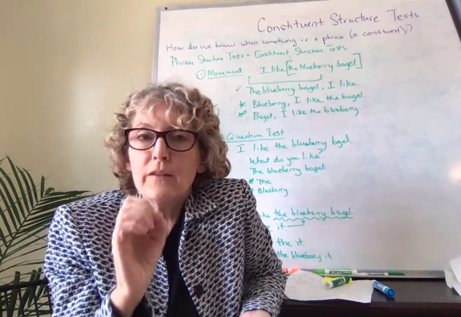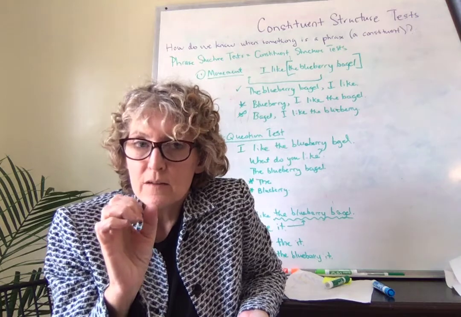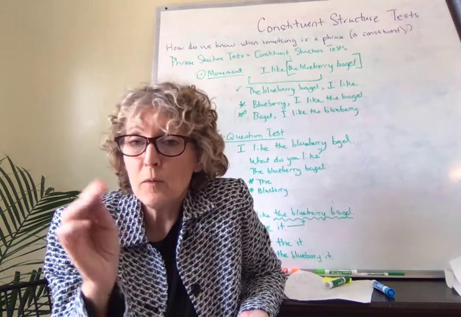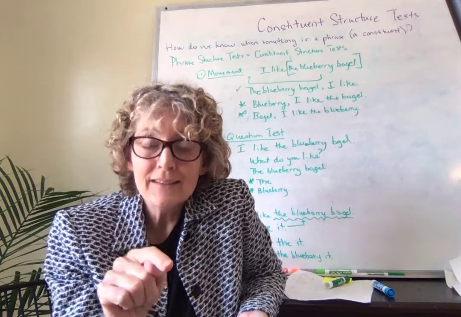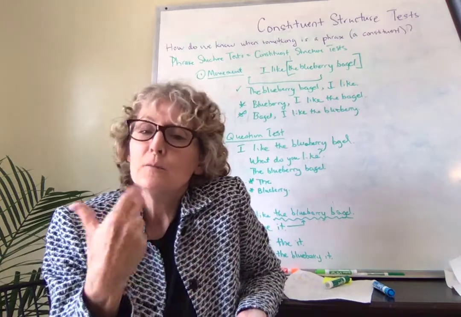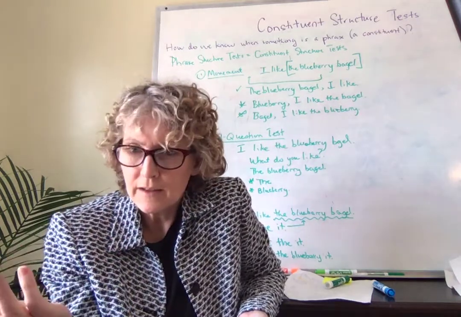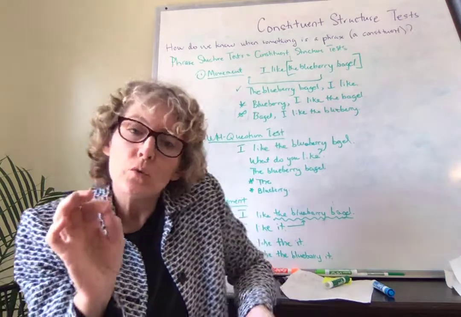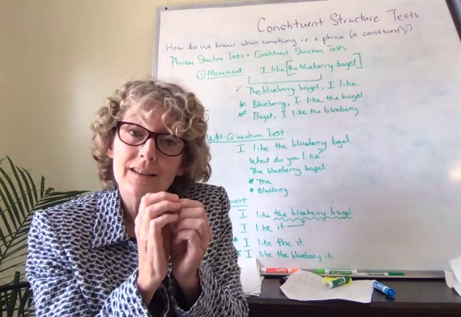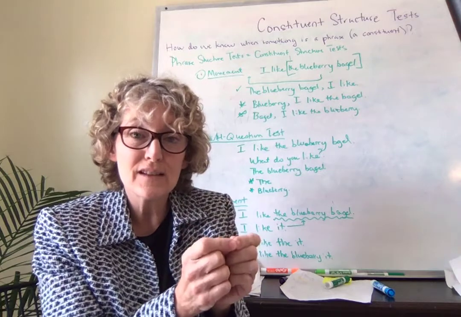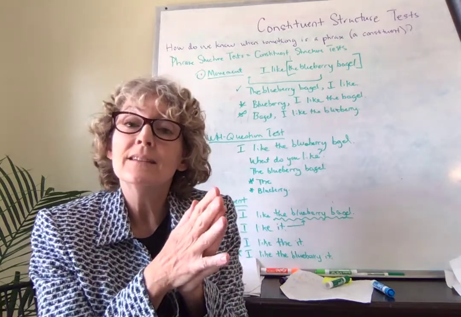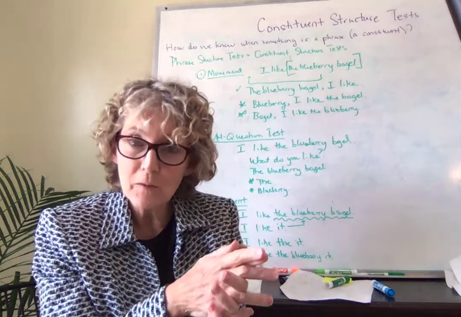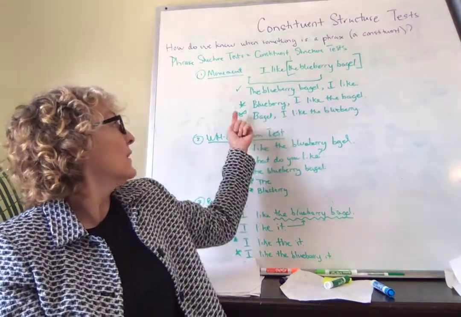So you could have said the sentence, blueberry, I like the bagel, talking to your friend Blueberry, but it doesn't mean the same thing as the blueberry bagel I like. Okay? So that's why we're going to say that that version of the sentence, blueberry, I like the bagel, is unacceptable, is ungrammatical. We're going to mark it with a star.